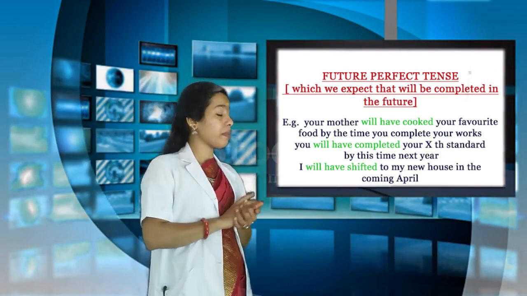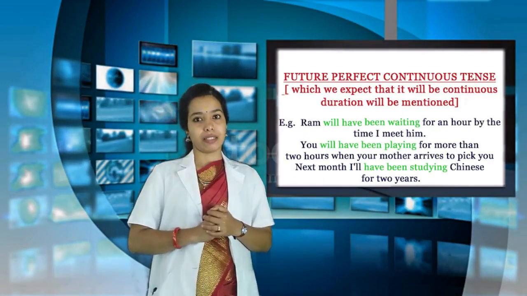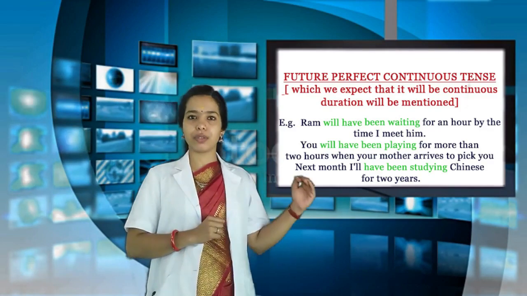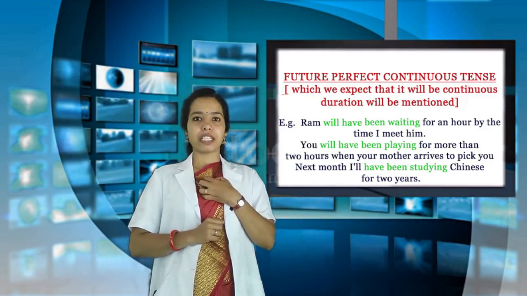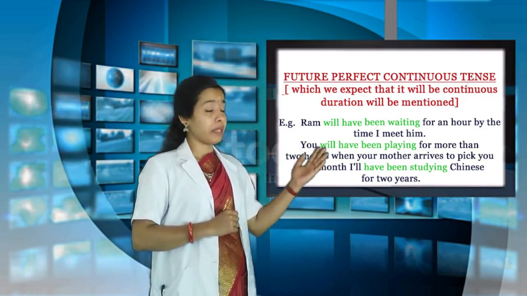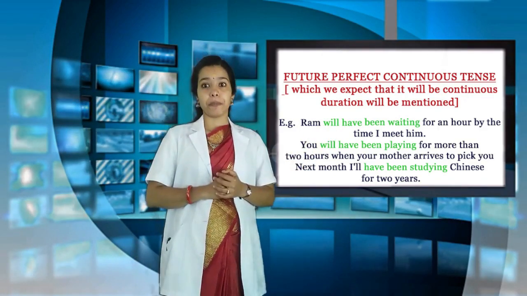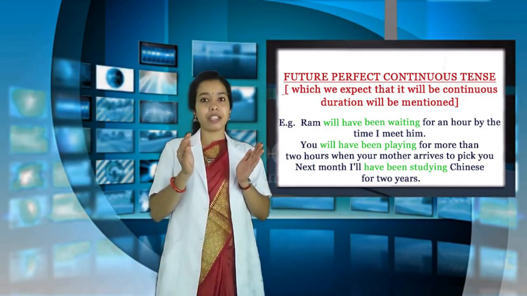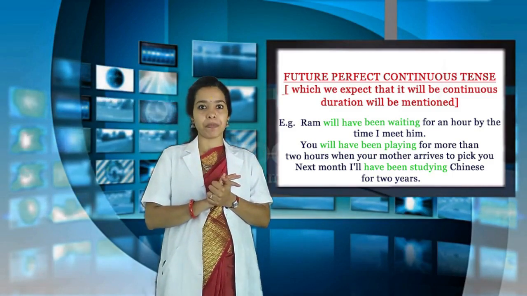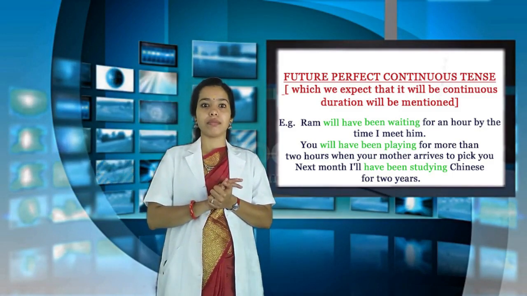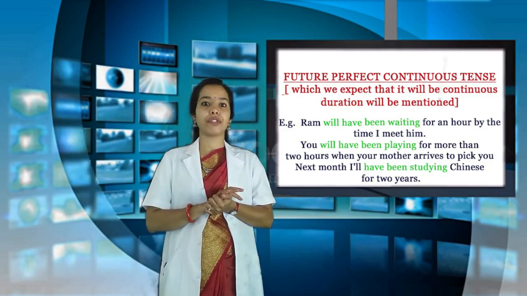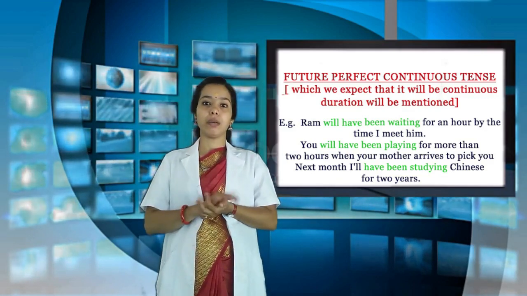Then future perfect continuous tense. This also is our expectation that the action will be continuous in the future, and in such sentences, the duration will be mentioned. Just like, Ram will have been waiting for an hour by the time I meet him.